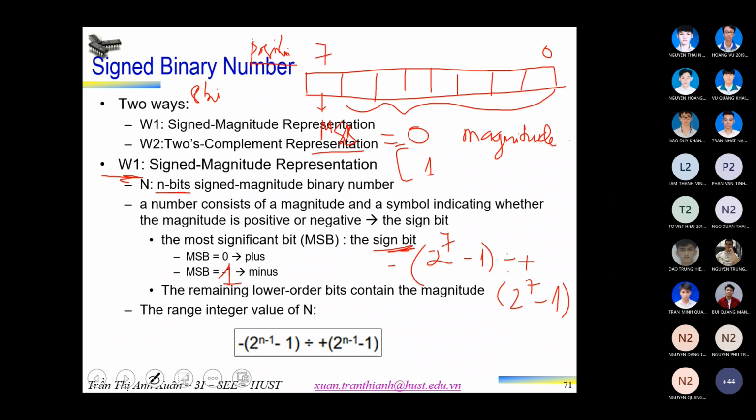That means we have L minus 1 bits to express the magnitude. So the decimal value range of this signed binary number is shown here.